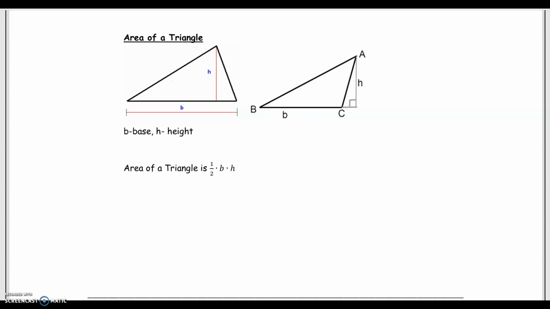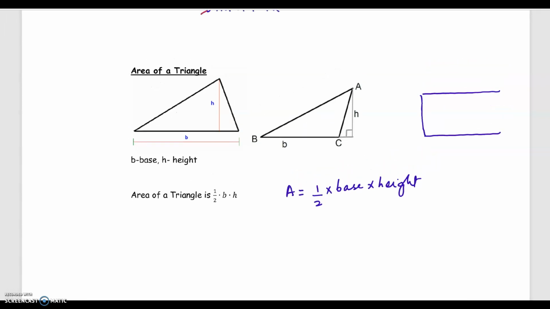Now remember this formula, area of the triangle is half times base times height. So area equals half times base times height. Now if I have a rectangle, let's say this is the height and this is the base, the area of the rectangle is base times height.